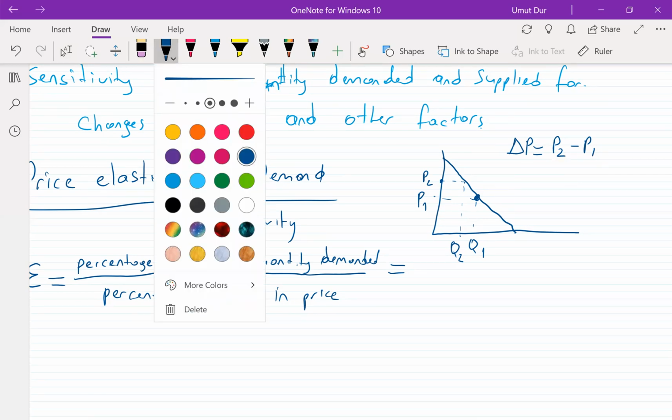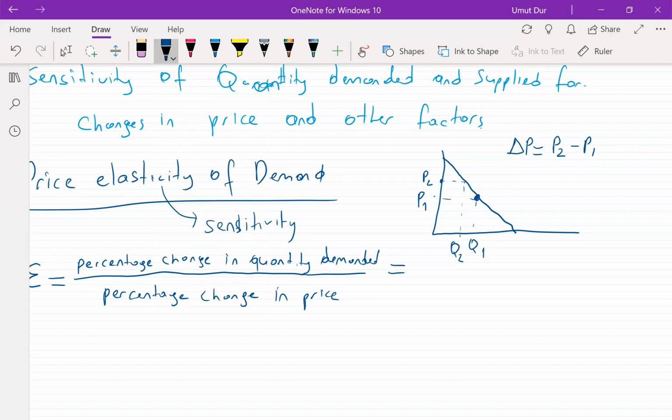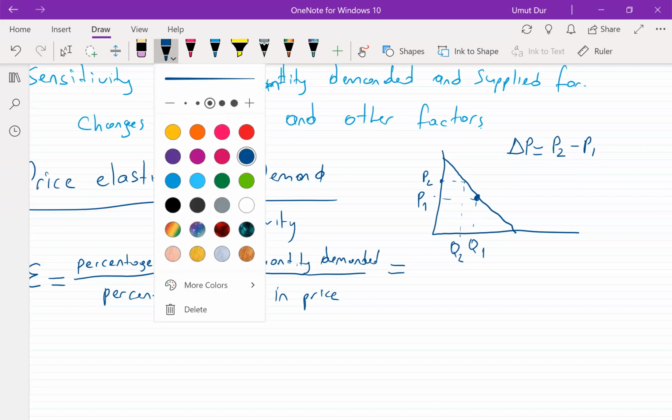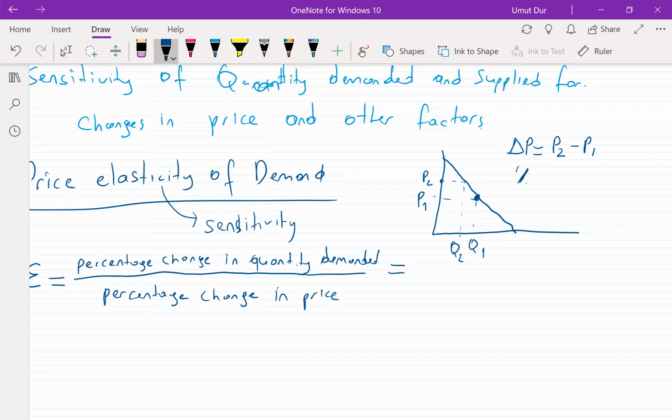So delta P is the change in price, then the percentage change in price will be delta P divided by the initial price, and we do the same thing for the quantity. Delta Q will be Q2 minus Q1, and percentage change in quantity will be delta Q divided by initial quantity.